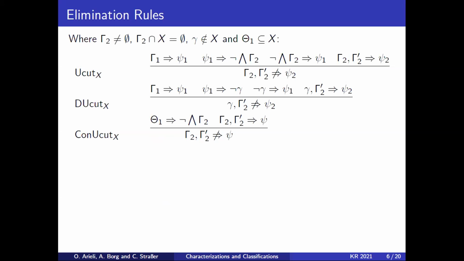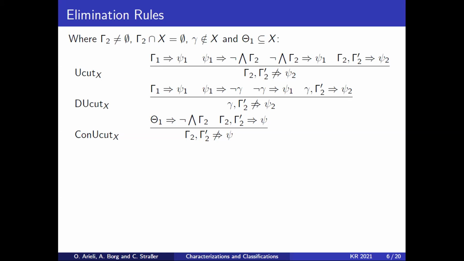Then for the elimination rules, we consider three kinds, namely, for example, undercut, which attacks in the support set, and this might not be just one assumption, but a set of assumptions. So in this case, gamma 2, which is a subset of the attacked argument. Or we consider direct attacks, which is an attack on one specific assumption.